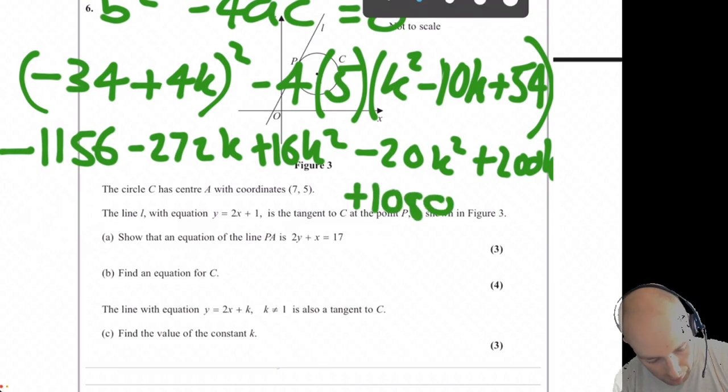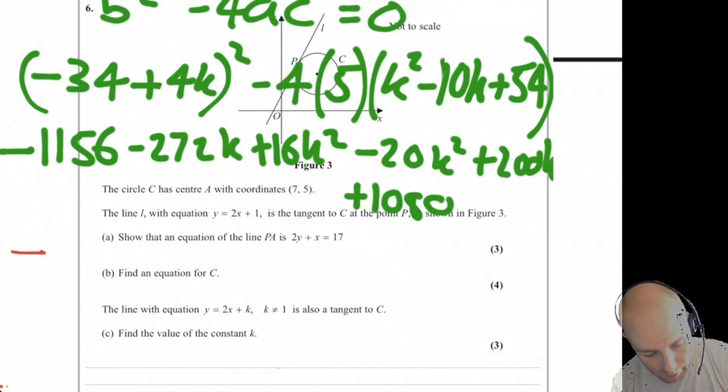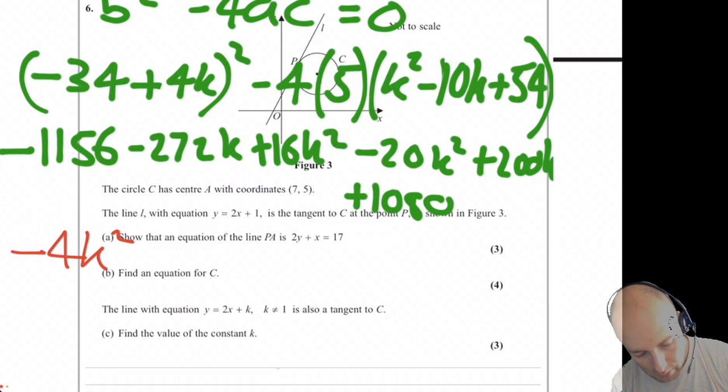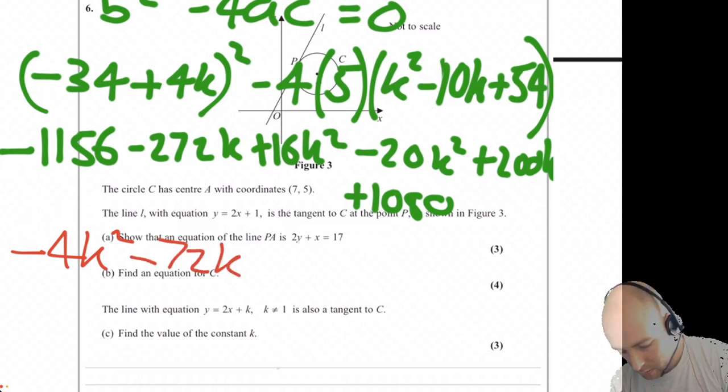So combining all this, we get minus 4k² minus 72k minus 76. And that is right.